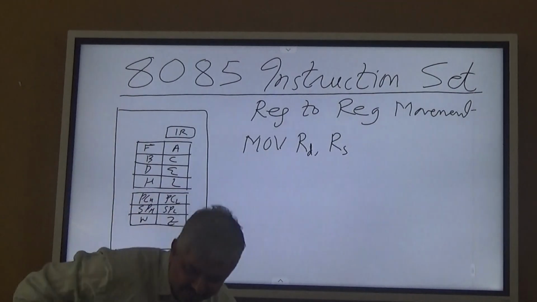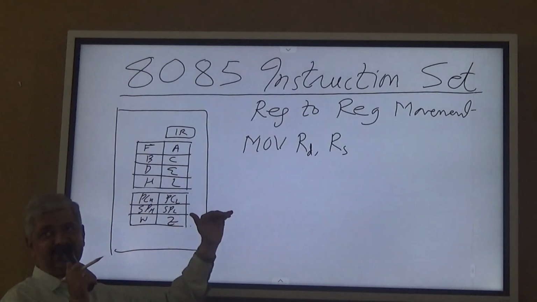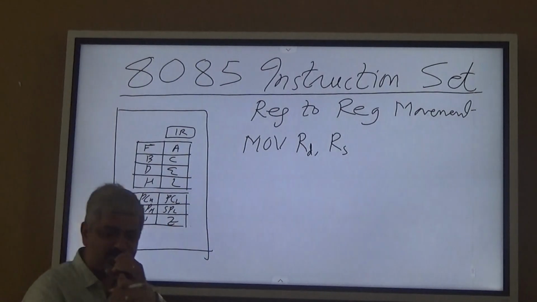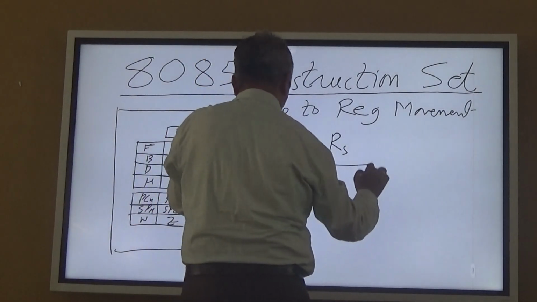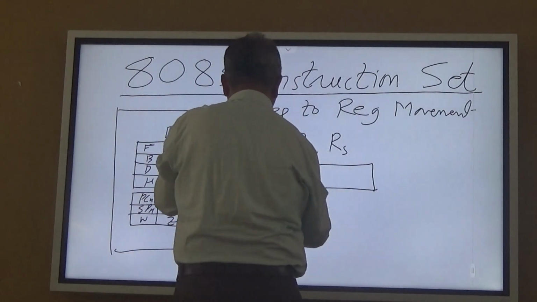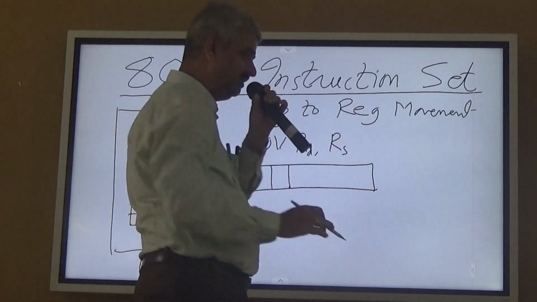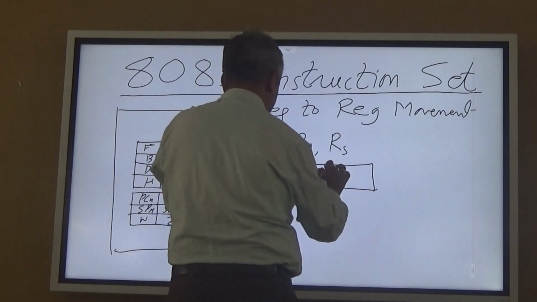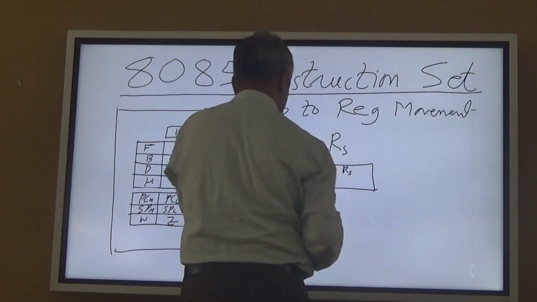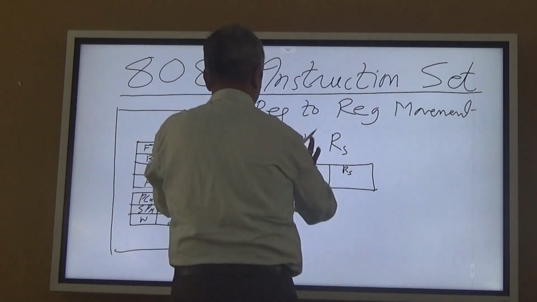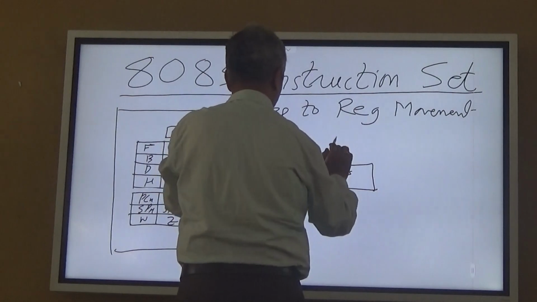So the logic is simple. Actually, there are different such instructions, and the instruction format is also simple. The format is 0, 1, and only the opcode is needed, and the opcode is further divided: these 3 bits are for RD, and these 3 bits are for RS. I think the convention uses a small r most of the time, so we use that.